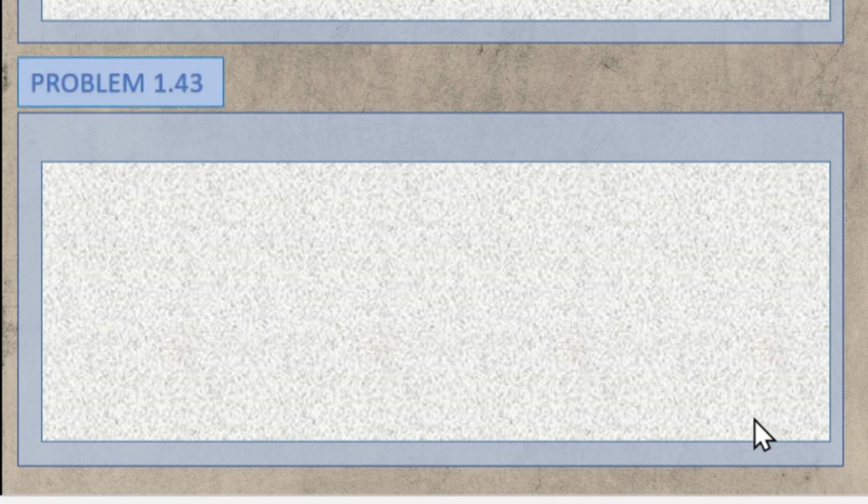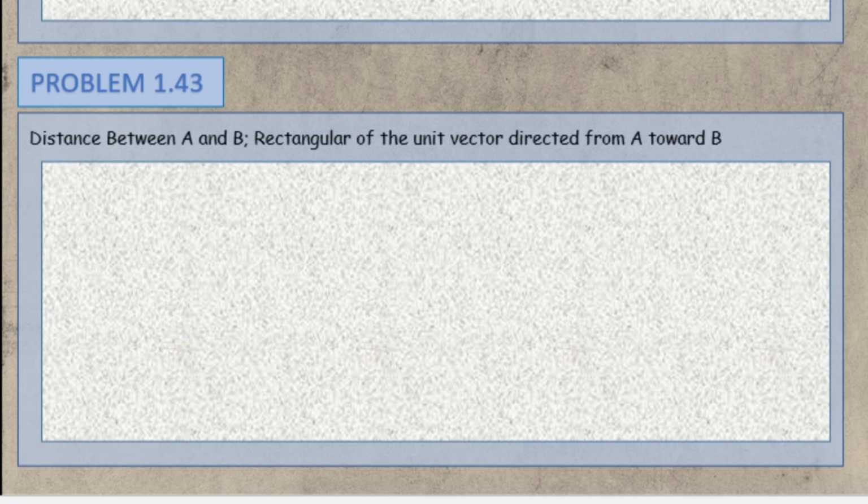And last but not the least problem for this video, problem 1.43. For problem 1.43, we need to find the distance between A and B and the rectangular form of the unit vector directed from A toward B. For this problem, I am going to introduce another formula.